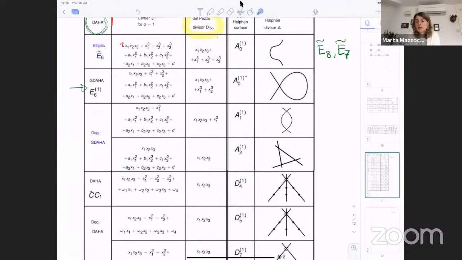But those are actually completed not in P4, but instead in a weighted projective space P3. I see. So I don't know how to go to P4.